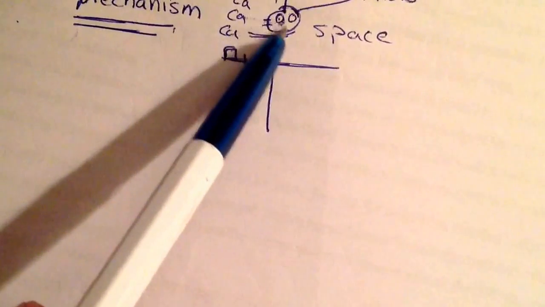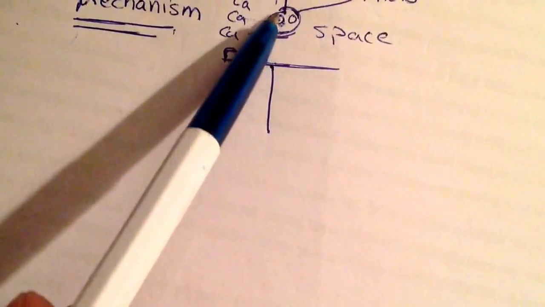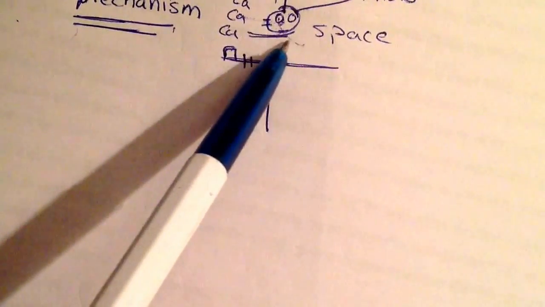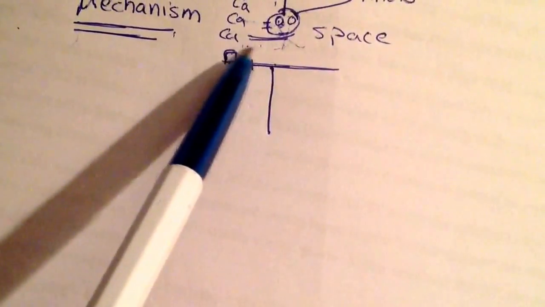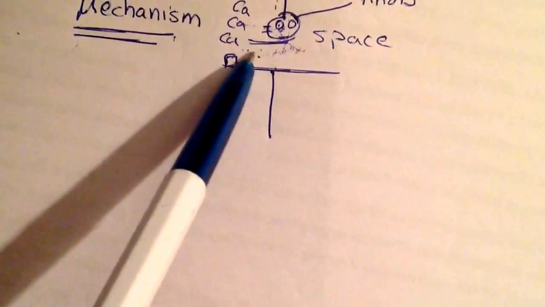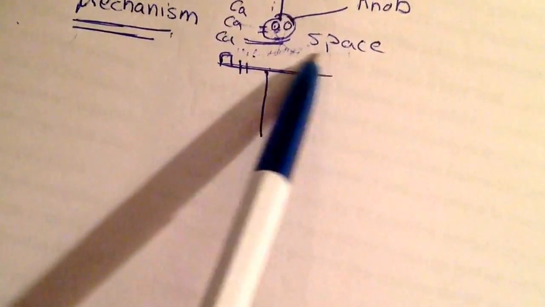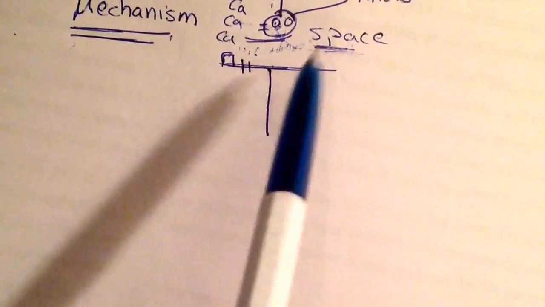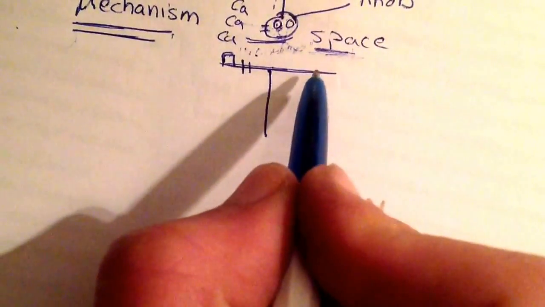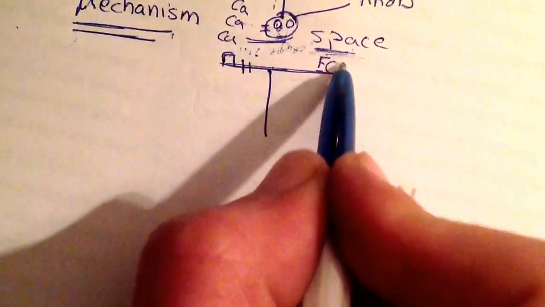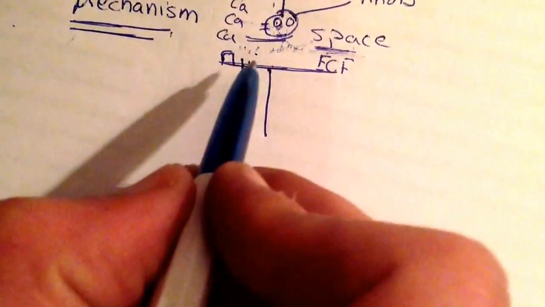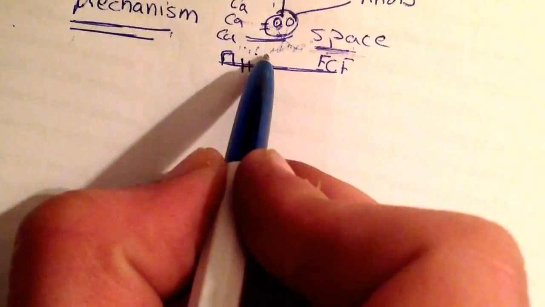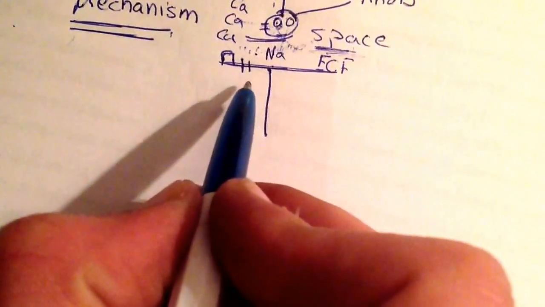This interaction results in exocytosis of the chemical transmitter outside the knob into the synaptic space, which, by the way, has the same composition as extracellular fluid. This means that sodium is present here more than potassium.